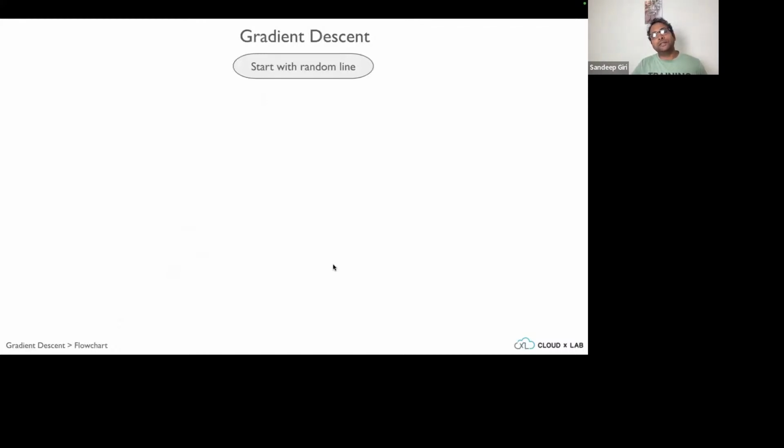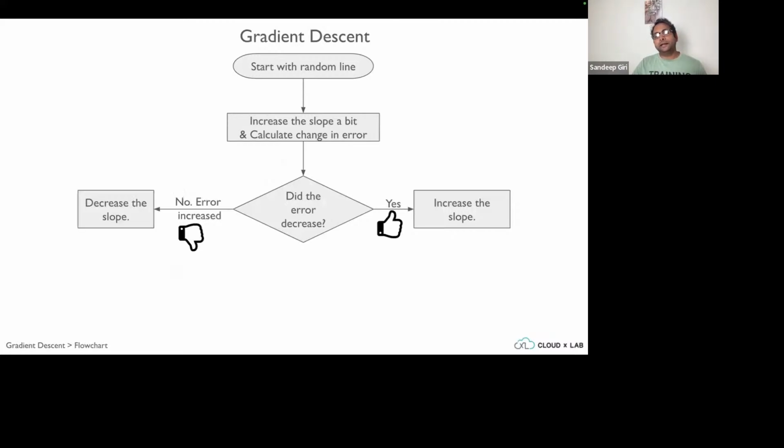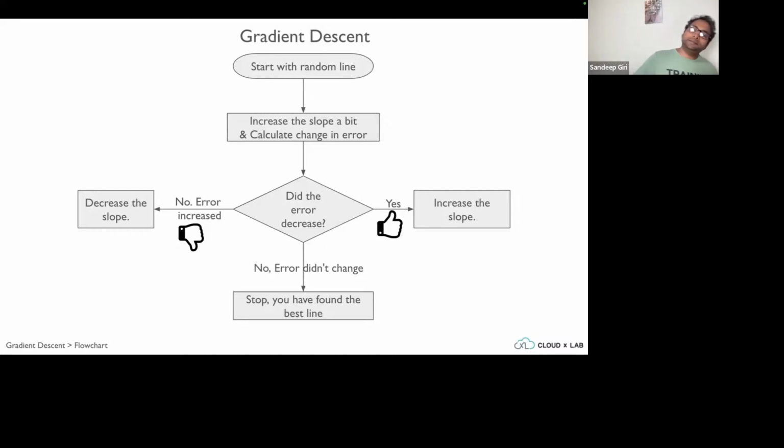So you start with a random line, increase the slope a little bit, calculate the change of error. Did the error decrease? Yes, increase the slope. If the error did not decrease, instead error increased, decrease the slope. And then if error did not change, you have found the best line. Perfect. Is everybody okay?